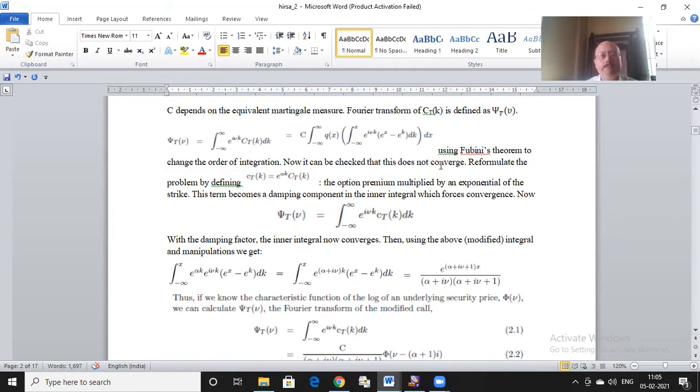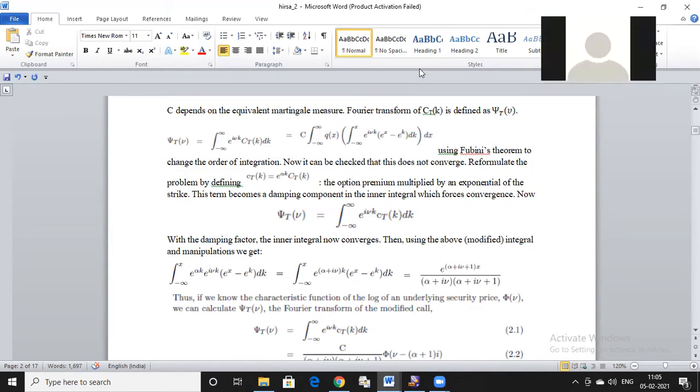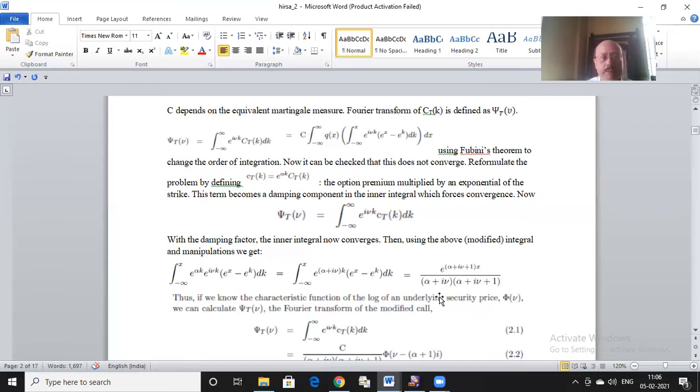Can you quickly check that? Yes, sir. It will not converge. So that's the first hurdle that we handle here: in the original formulation, evaluating this integral runs into trouble.